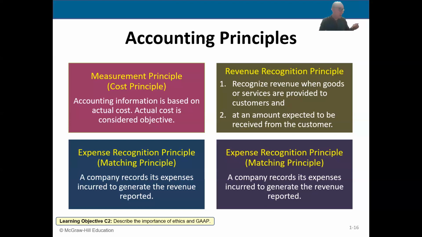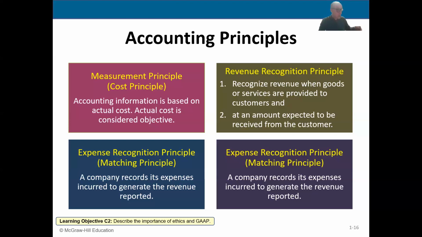Okay, not when you receive the cash. It's when you've provided the good or the service. That's when you recognize revenue. Okay, otherwise it's called unearned revenue. If the customer pays you before you provide the good or the service, that's called unearned revenue. It becomes earned revenue when you provide the good or the service.